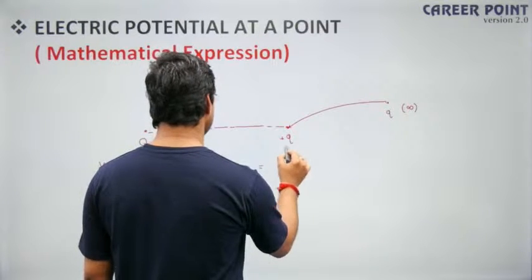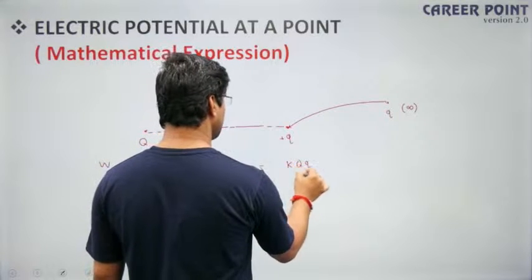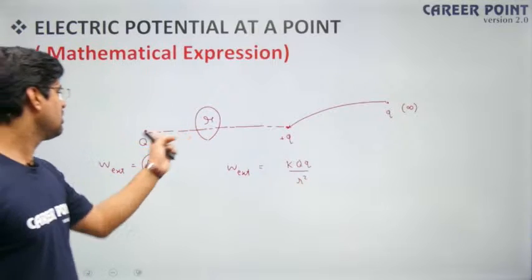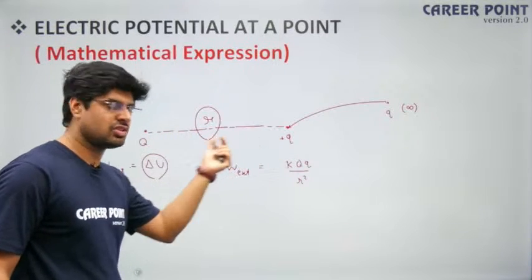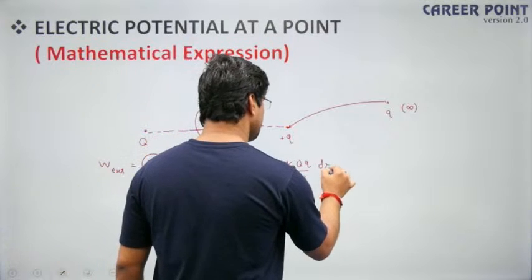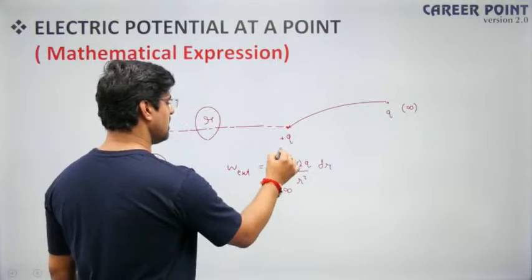at any random distance r, kq by r square is the force acting on this test charge due to this plus q positive charge. With displacement dr, we are bringing it from infinity to r.